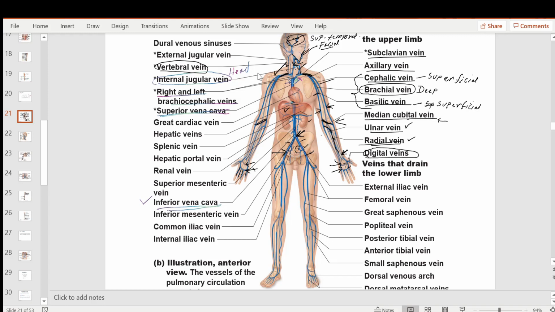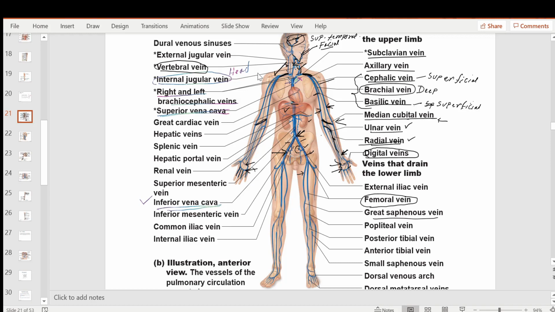And then the external iliac goes to the thigh and becomes the femoral vein. However, from the very upper part of the femoral vein, the longest vein of the body arises. That is called the great saphenous vein.